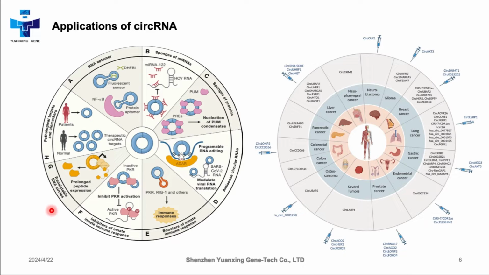Furthermore, the circRNA can also be utilized for the protein expression, particularly in the context of the protein replacement therapy, or it has the prolonged peptide expression. In addition, the circRNA can also act as the pathological targets and the biomarkers that can be applied in different kinds of human cancer.